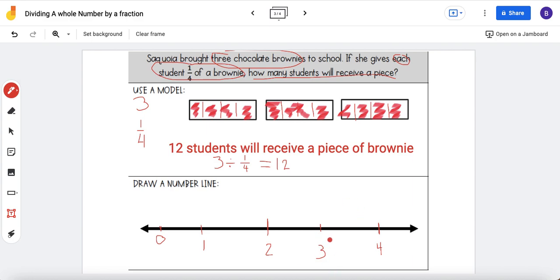I'm going to go to the 3, so I'll erase the 4 actually. We have 3 pieces that we are starting out with, and we are breaking them into fourths. So at each, I'm going to do a different color to make it stick out more. We are going to break each number between 0 and 1, 1 and 2, and 2 and 3 into fourths.